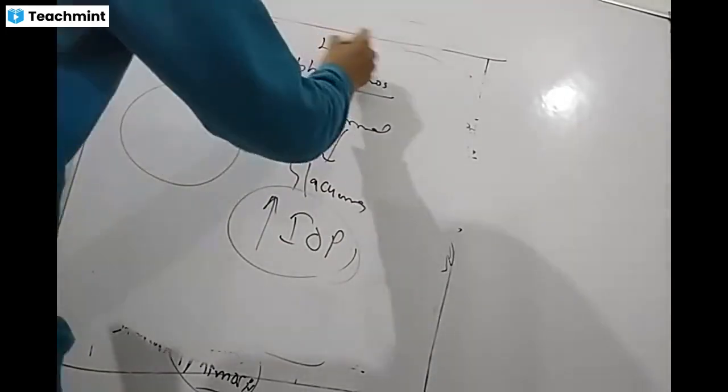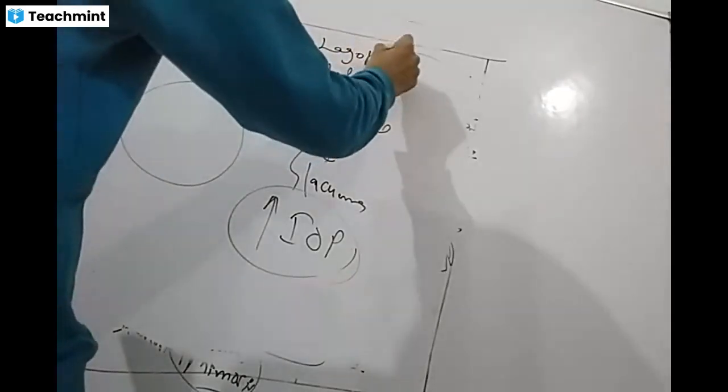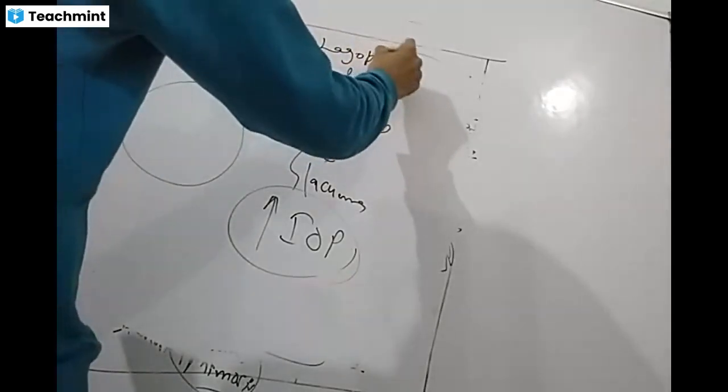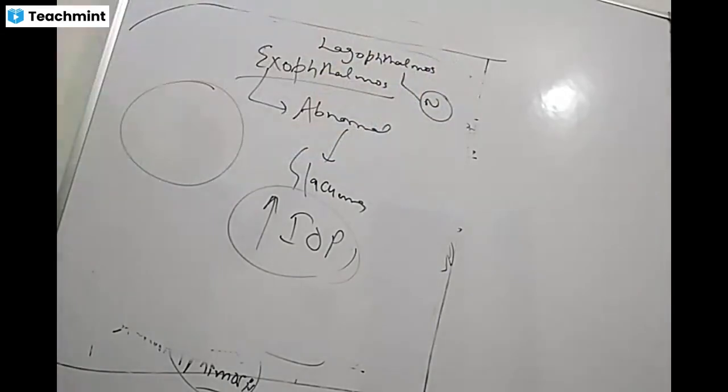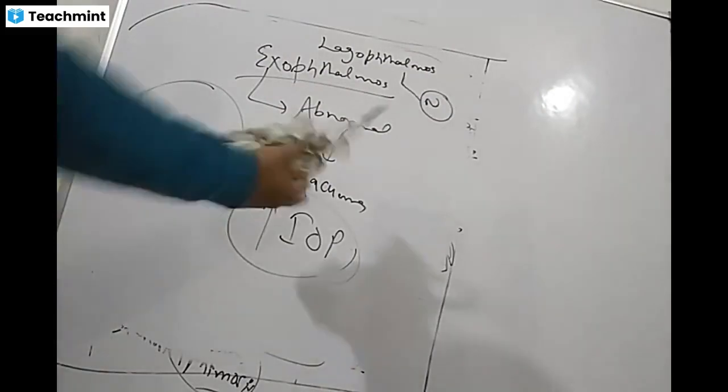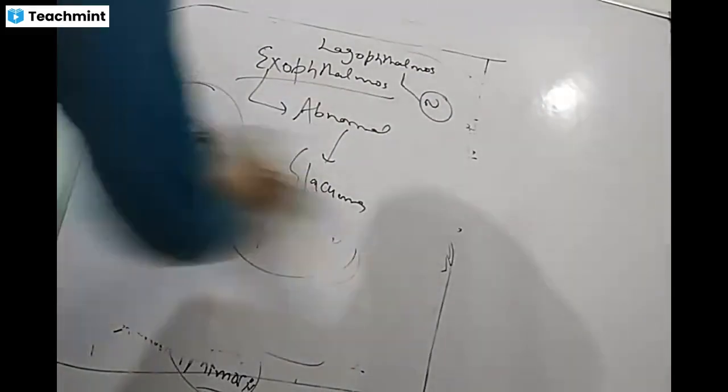But lagophthalmos, remember, is normal because the orbit is shallow because of the natural anatomy of that animal. But in exophthalmos, eyes are bulging because of high intraocular pressure, that is a common feature seen in glaucoma.